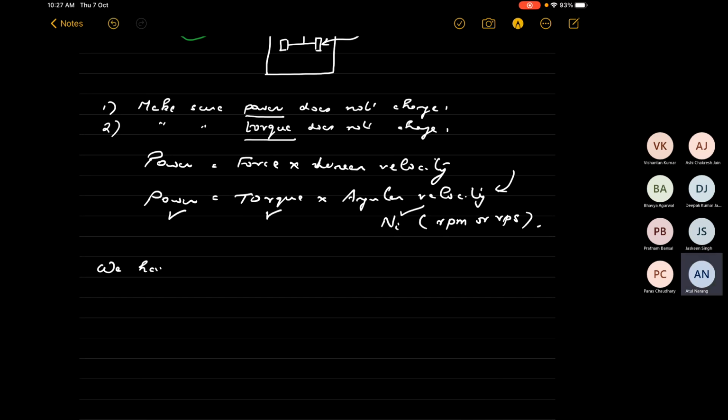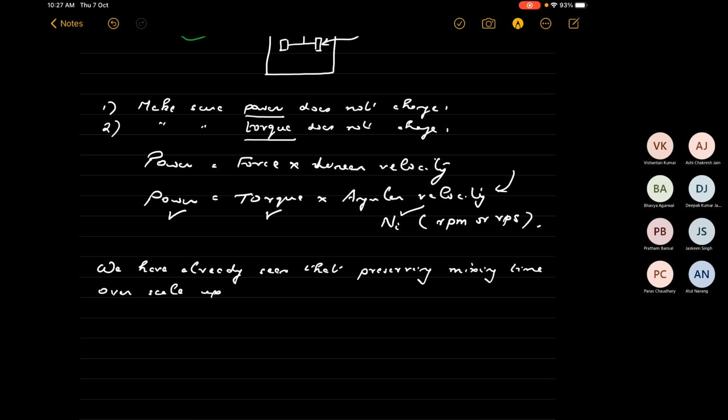We have already seen that preserving mixing time over scale up is, in a sense, practically impossible.